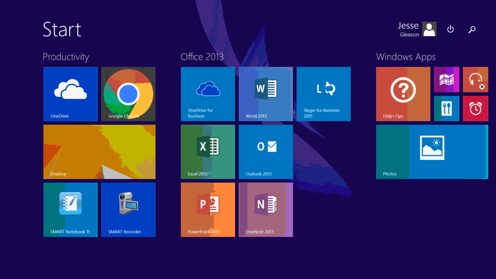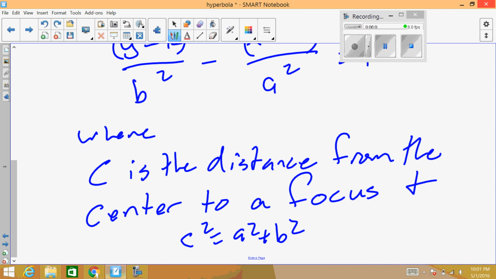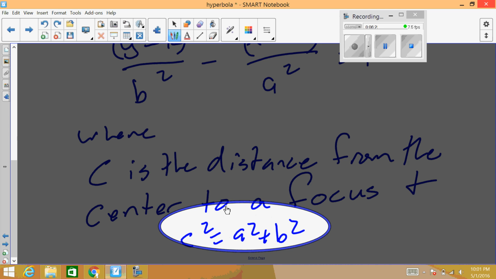Now what I notice right here is I've got this c. C is going to be again the distance from the center of our conic section to our foci. And this time, if I remember, c squared was a squared minus b squared in an ellipse. In a hyperbola, it's plus.